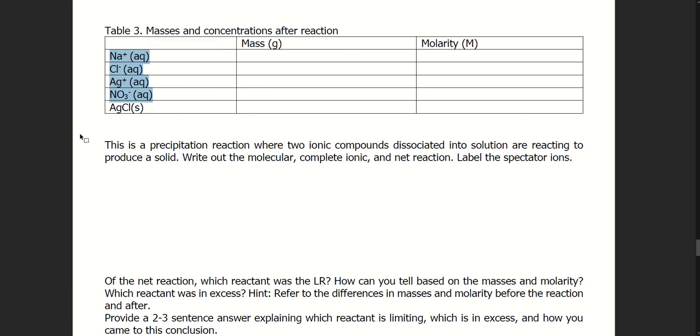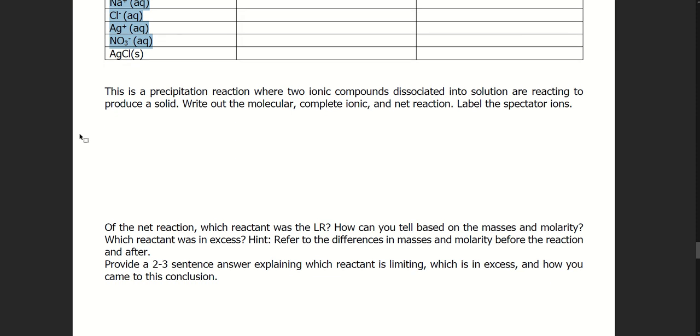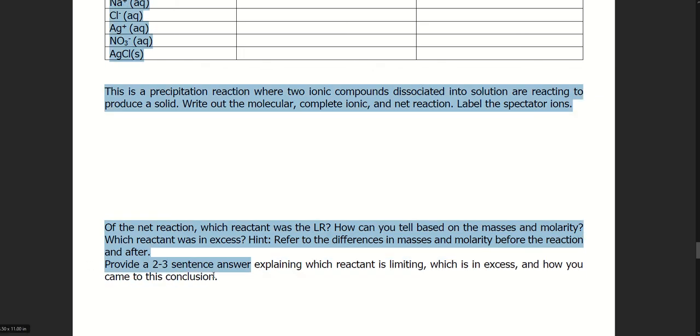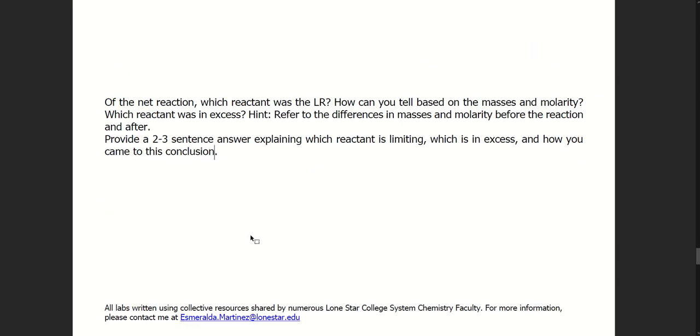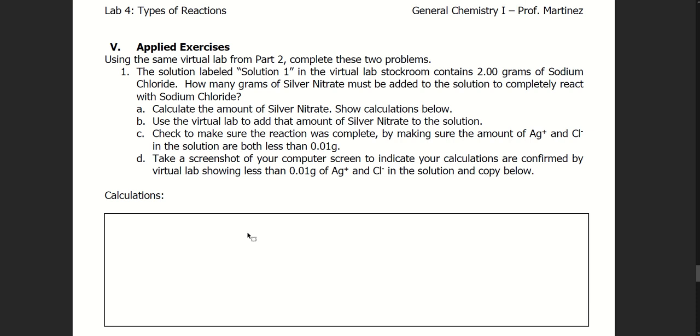Basically, it got all used up. And I'll let you tie that together with determining which one the limiting reactant is. But that's what this hint is for. So don't ignore that. Don't speed through it. Hopefully it'll help you determine that limiting reactant. And then you just provide a 2 to 3 sentence answer to explain that.